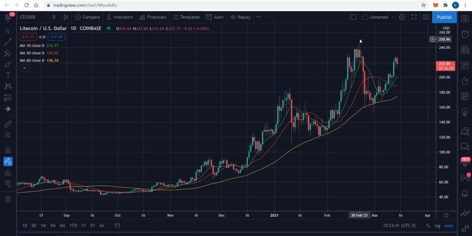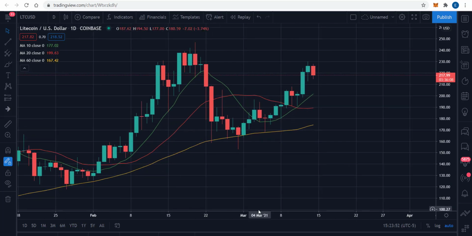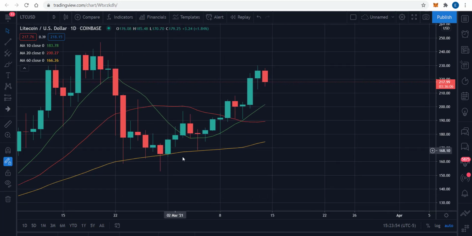pulled back, shot higher, and then it fell lower, and now we're seeing this sort of up move, down some, up move, down some, up move. So just to get a better sense, look at this up move that started 2 weeks ago in March: up move, couple days of pullback, up move, 1 day of pullback, 2 days really a pullback, but finished in the positive, up move, and now we've got 1 day of pullback.